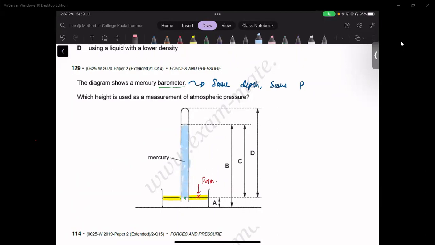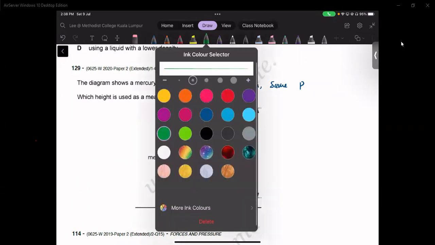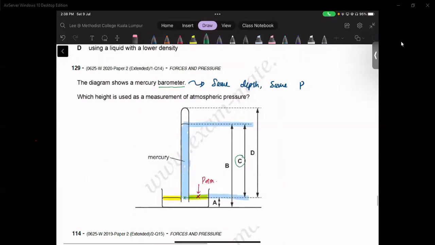Yeah, B. So the answer. Look carefully at the label B. I want to measure from here to here. So the answer is C. Same height, same depth, same pressure.